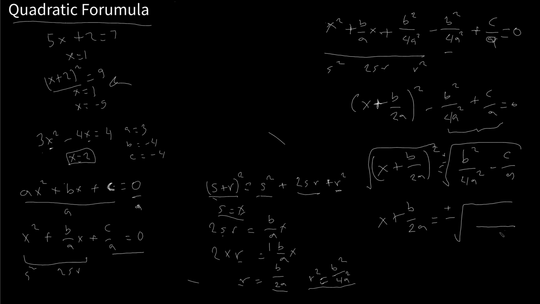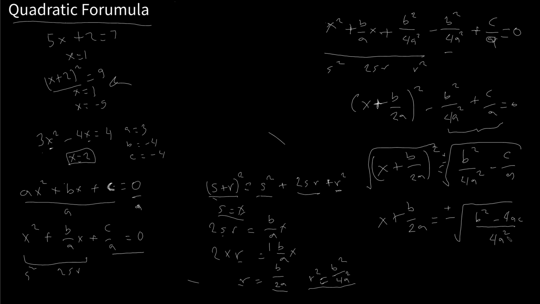So the least common denominator of these two is 4a squared, right? And then this is just b squared, and then this one, 4a squared divided by a is 4a, times c, that's 4ac, and so that's what we have.